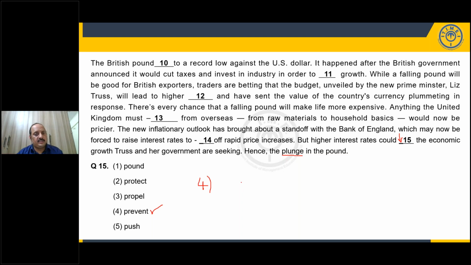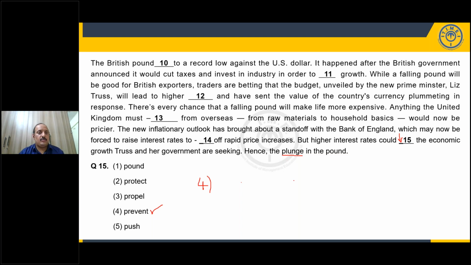Similarly, if it's a 10-question closed passage, you'll definitely be knowing the answers to 6 or 7. So you can try those 6 or 7, and you can leave the 3 or 4 that you don't know. That way, again, you would at least get some more marks. So we always recommend to try a closed passage without doubt. But as we said, first read the passage, understand what is going on, and then try to mark the answers.